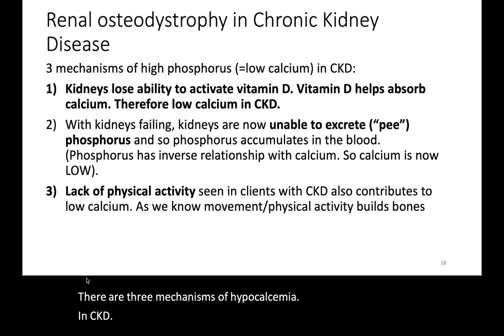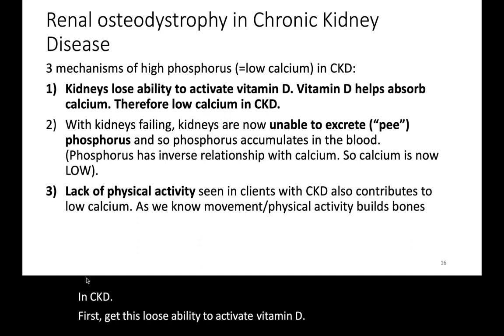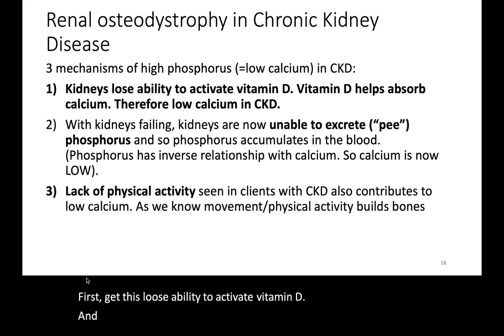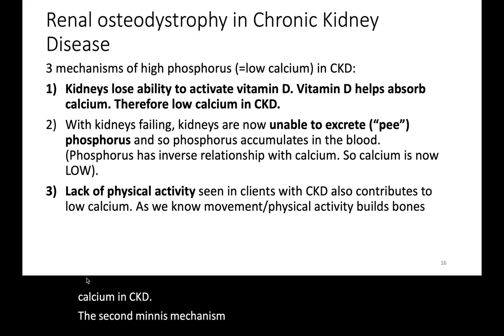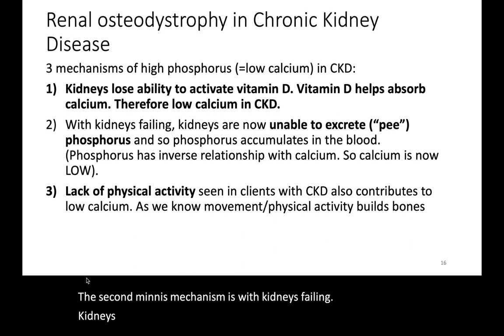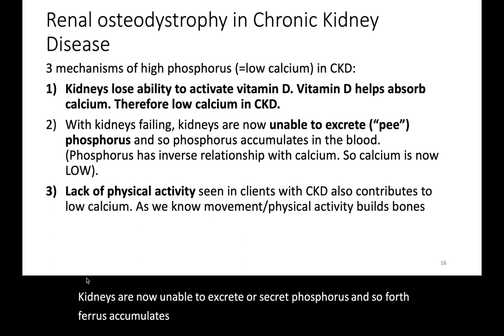First, kidneys lose the ability to activate vitamin D. And you know that vitamin D helps absorb calcium. Therefore, you have low calcium in CKD. The second mechanism is that with kidneys failing, kidneys are now unable to excrete phosphorus, and so phosphorus accumulates in the blood.